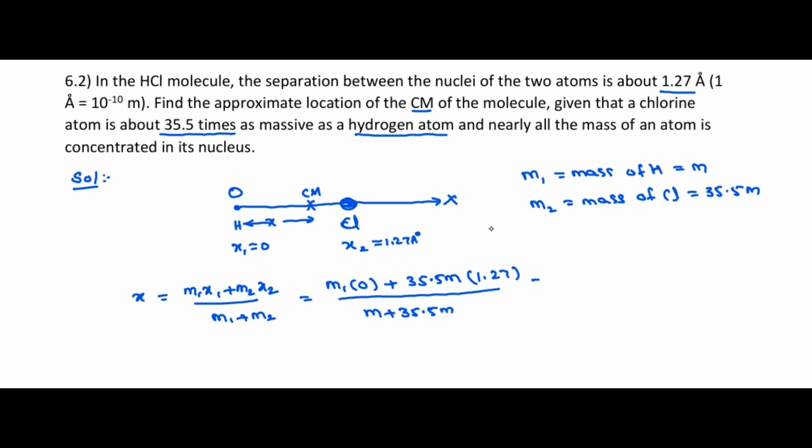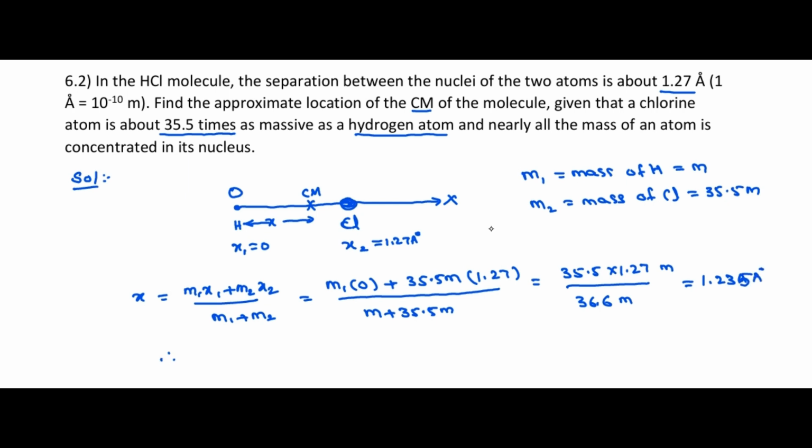That is equal to, we will get 35.5 into 1.27 m divided by 36.5 m. m will get cancelled. So this value is nearly 1.235 angstroms.